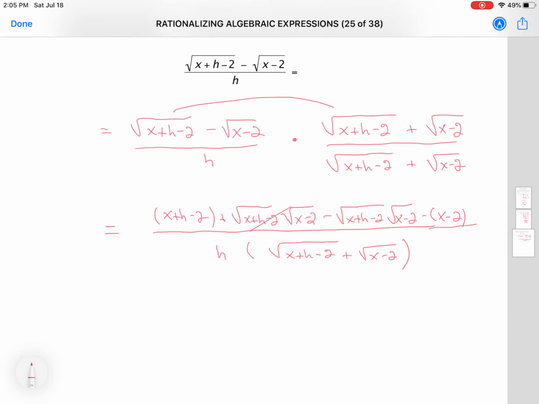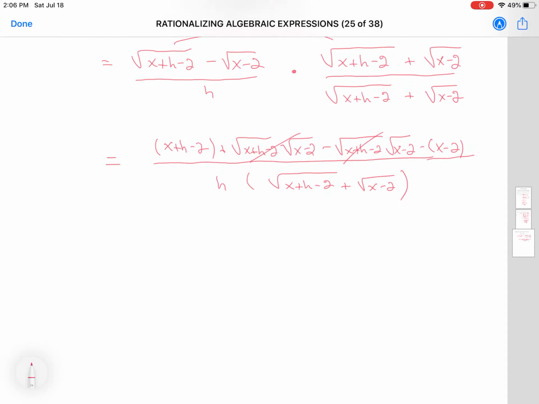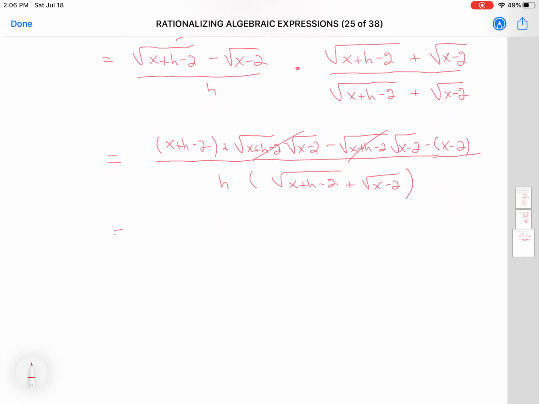Tons of things are bound to happen, all of them in the numerator. So the usual shebang, the middle terms are gone, and I have a negative in front of a bracket, which I intend to bring in. So x plus h minus 2 minus x plus 2. That is all over h, and the denominator stays the same.